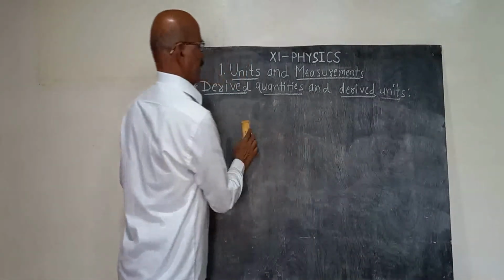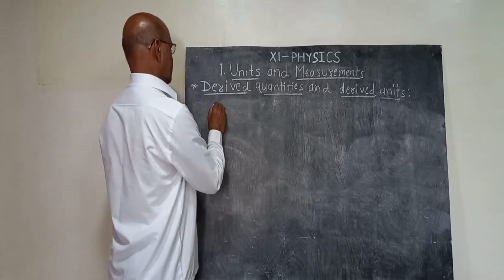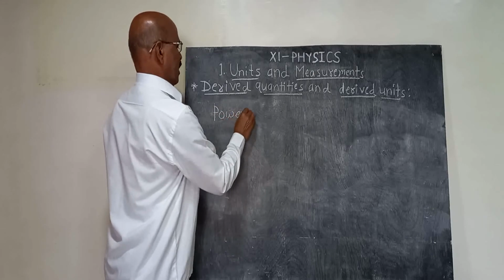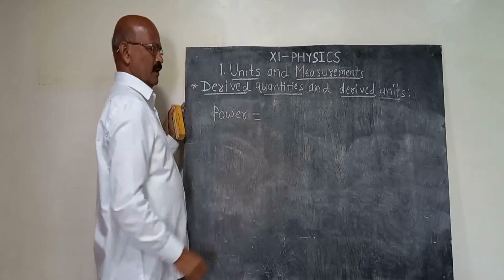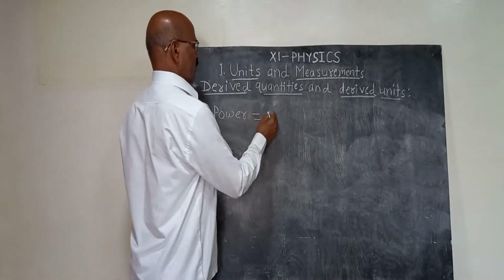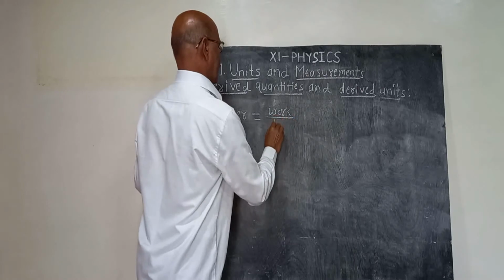Then another physical quantity is power. Power is the rate of change of work with time, so power equals work divided by time.